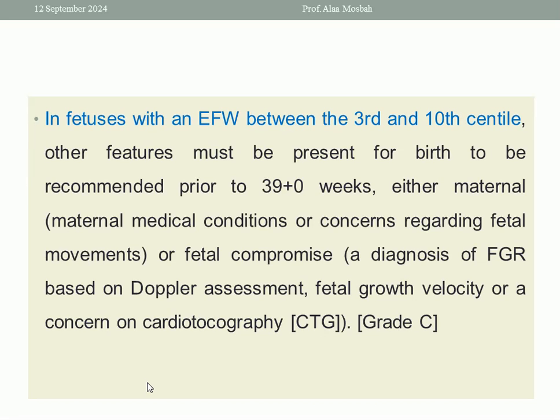Either maternal, like maternal medical disease or concern regarding fetal movement, or fetal compromise, like diagnosis of fetal growth restriction based on Doppler assessment, fetal growth velocity, or a concern on cardiotocography. So we should recommend delivery prior to 39 weeks gestational age.